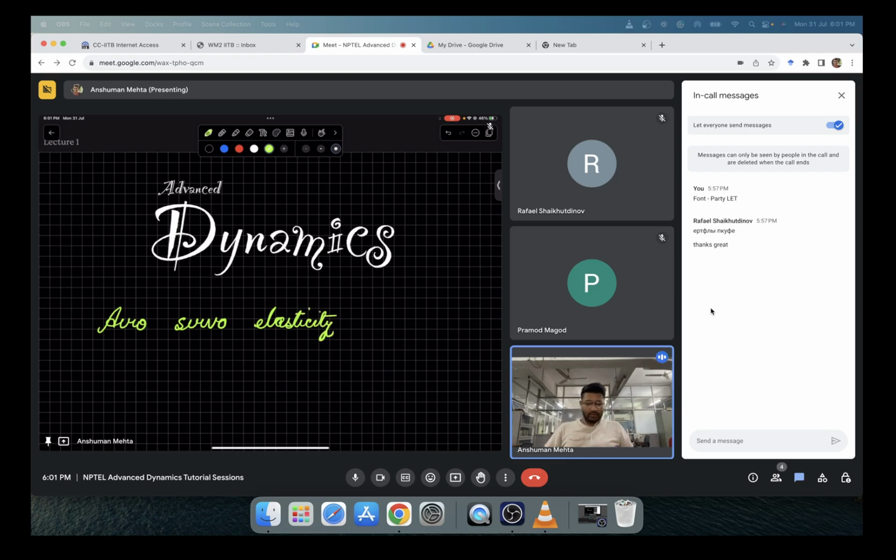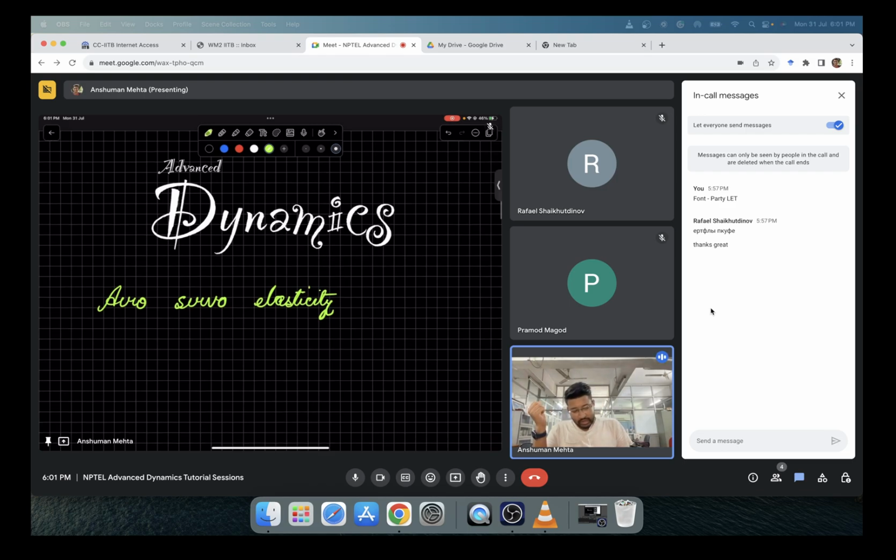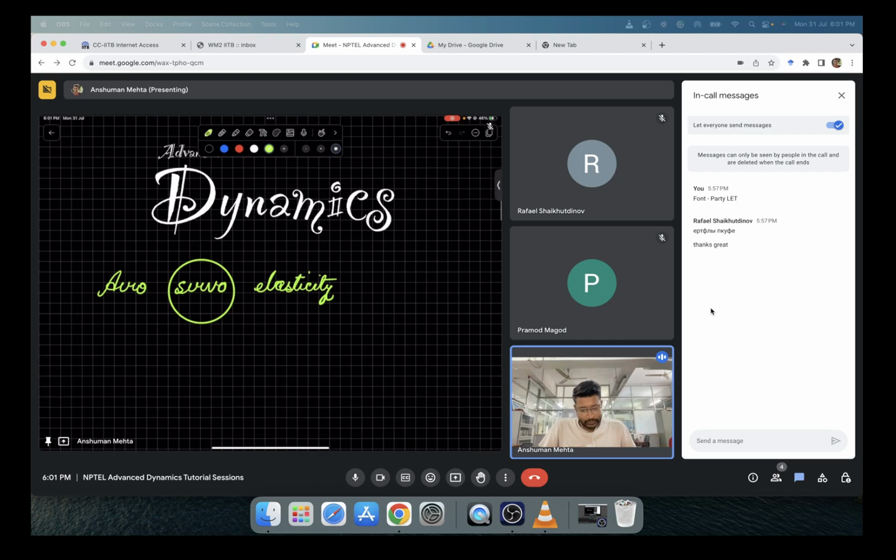We have heard of aeroelasticity, which is an interaction between the structures and aerodynamics, and my area also includes servo. So dynamics plays a very important role in my research.